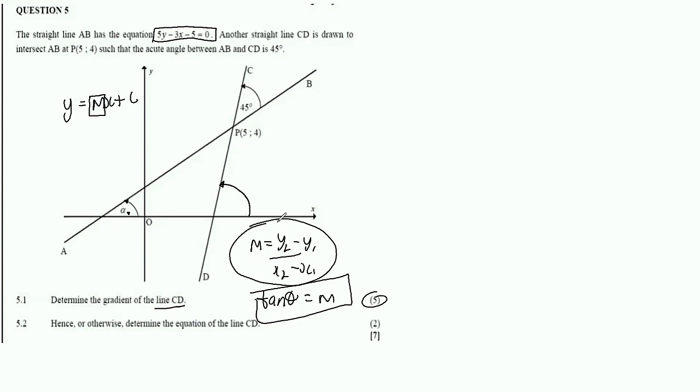The line in question is CD. So in order to form our angle of inclination from the positive x-axis all the way to touch line CD, we can say our angle of inclination is theta. So let's assume that theta is the angle of inclination of CD, and alpha here is the angle of inclination of AB.